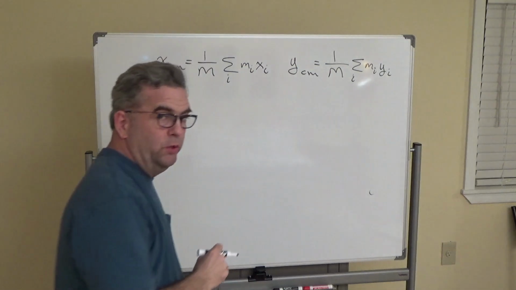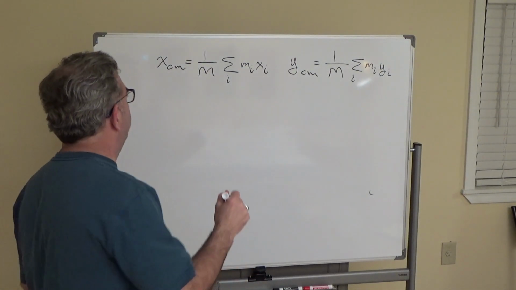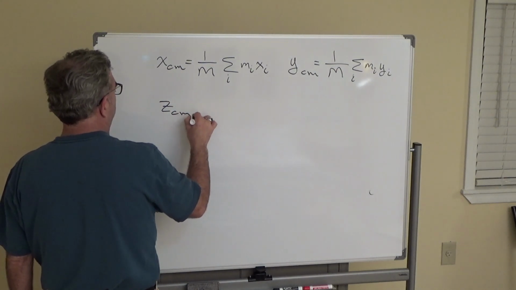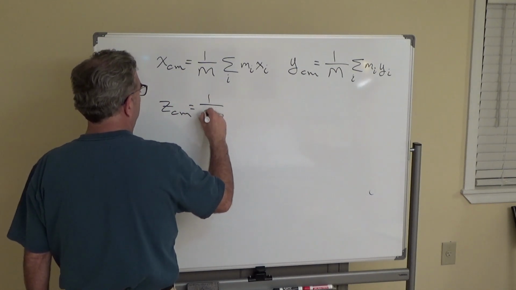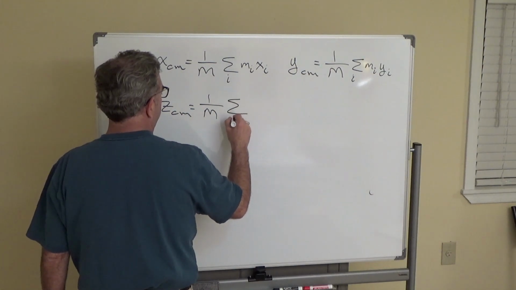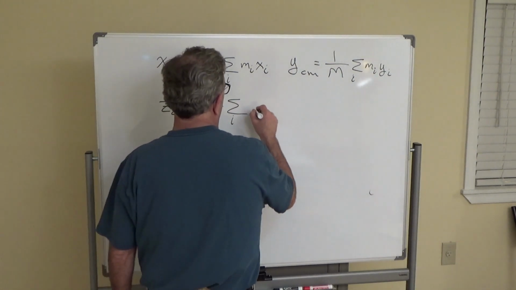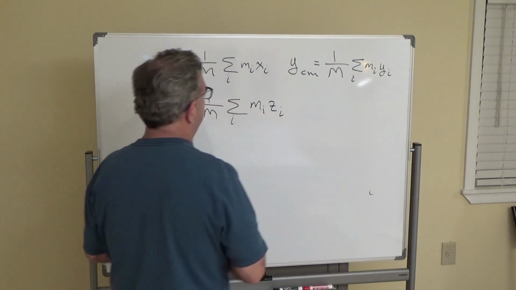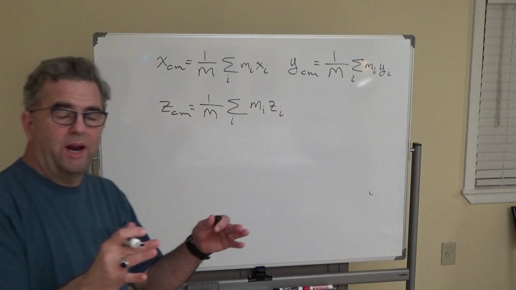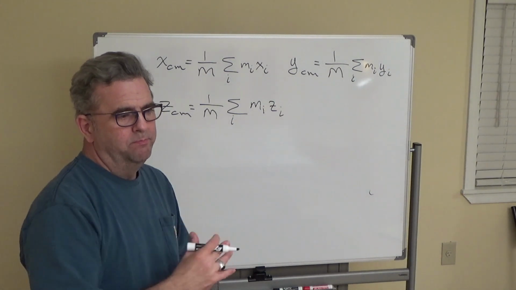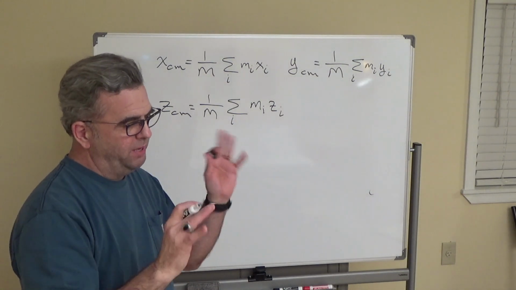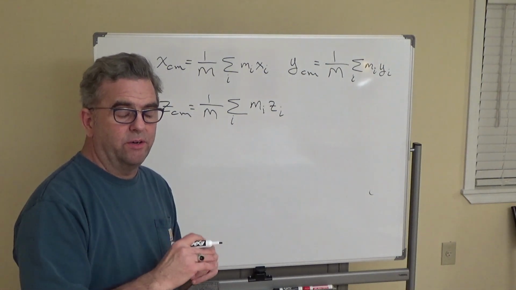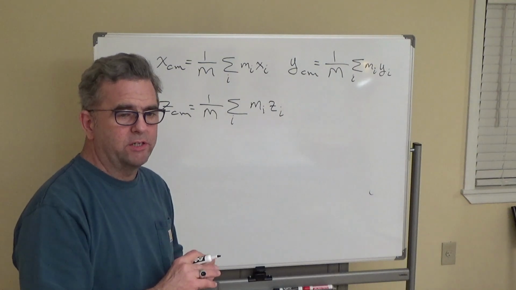So you do the same thing in the Y direction, and Z center of mass, you probably guessed it, it's 1 over M times the sum over i of M sub i, Z sub i. Okay? So orient an object along some XYZ coordinate system. You can calculate the center of mass along each direction.